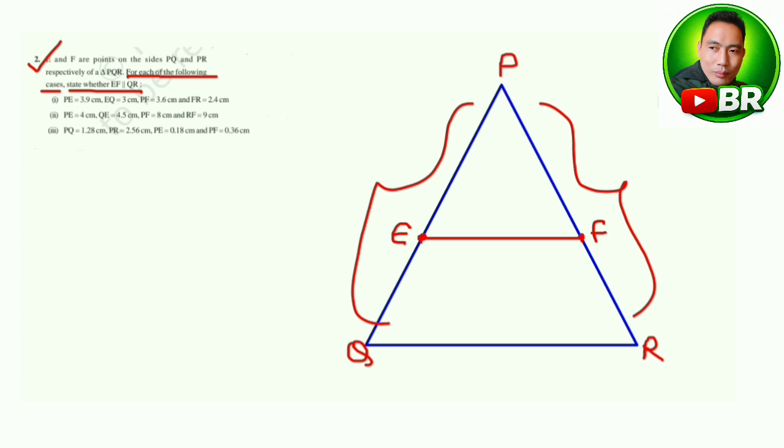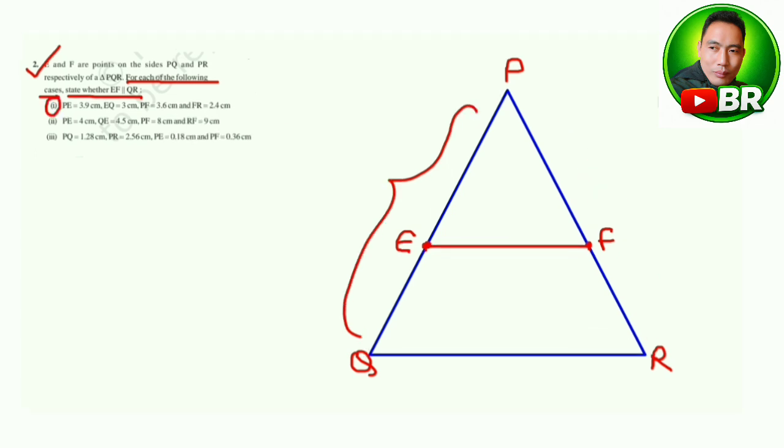So, firstly, according to the first condition, here is given PE is 3.9 centimeter and EQ is 3 centimeter.